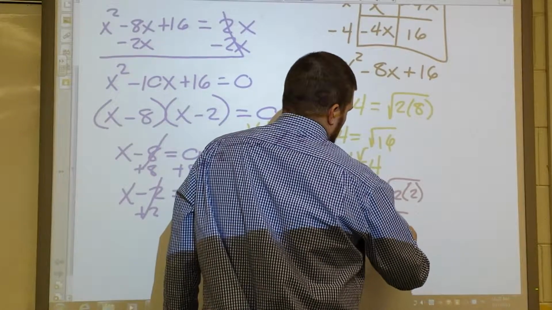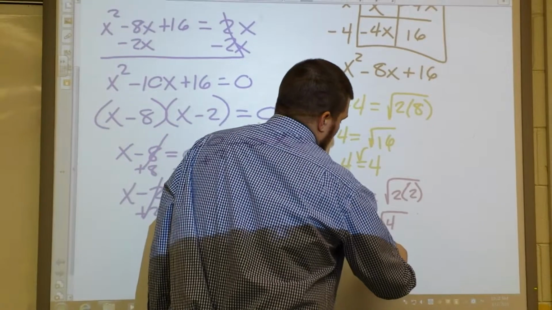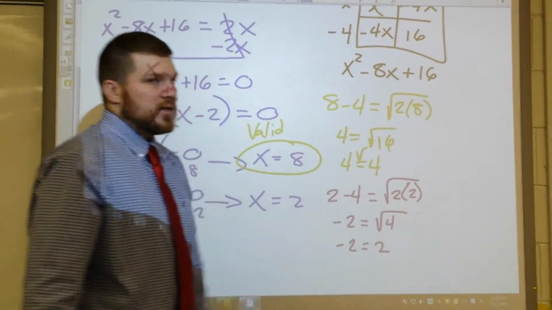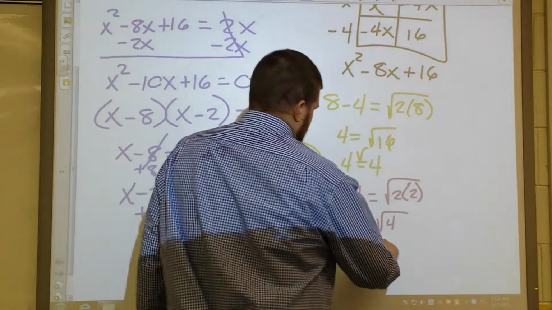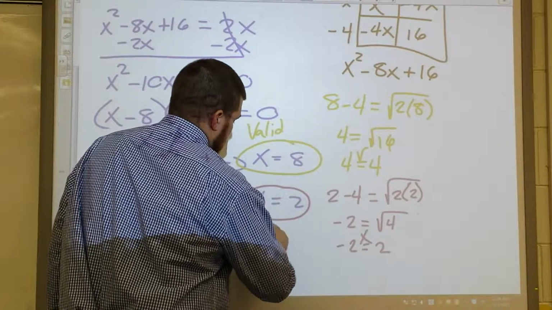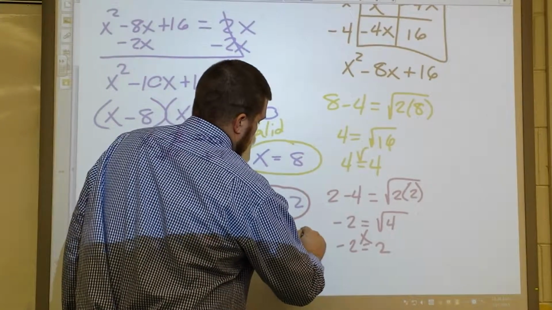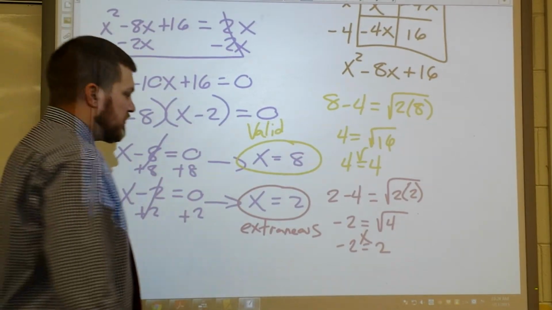And that's the square root of 4. But we know the square root of 4 is positive 2. But this is saying negative 2 is equal to positive 2, which makes no sense at all. This is not true. So that means that x equals 2 is an extraneous or a false solution. Extraneous is just the fancy math name for false.